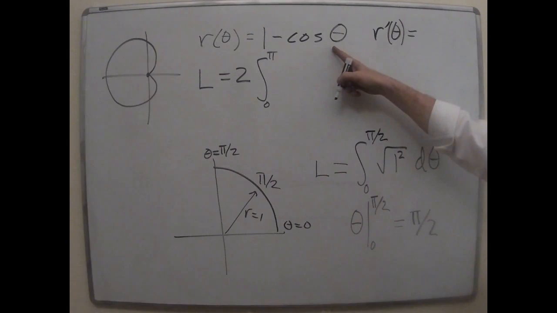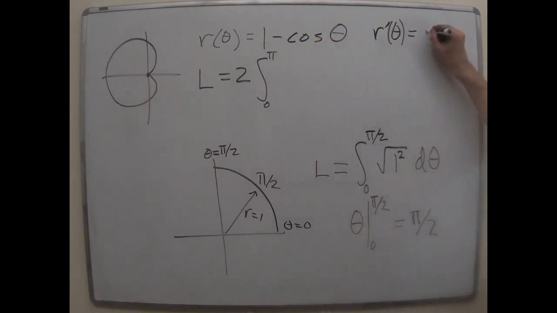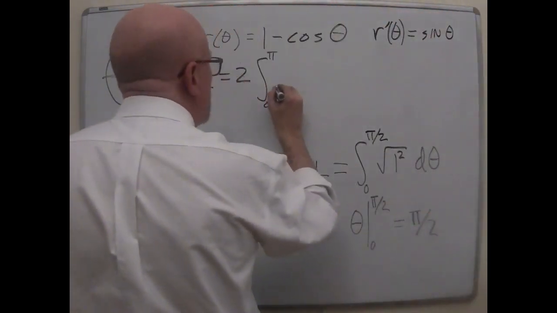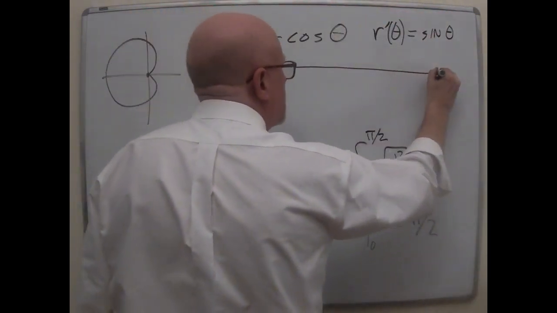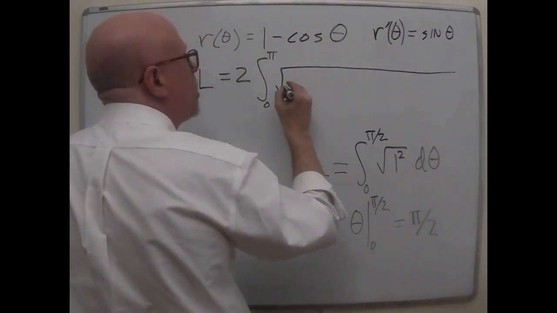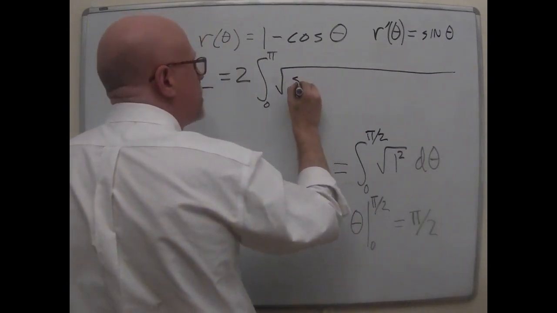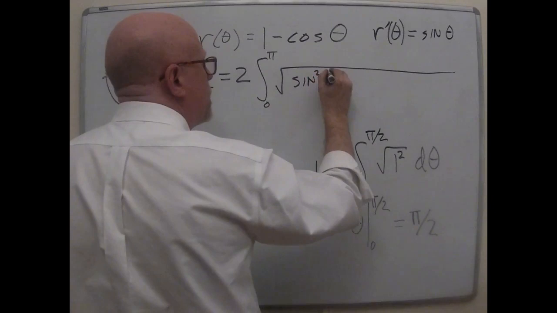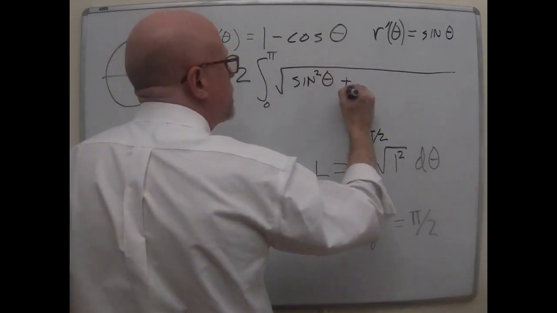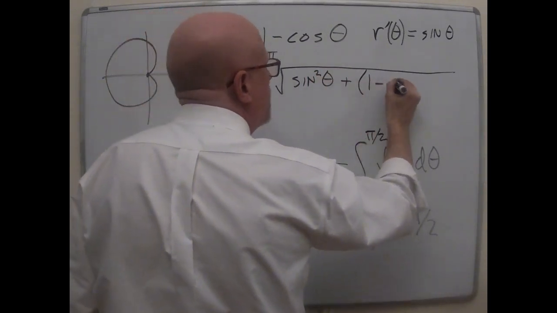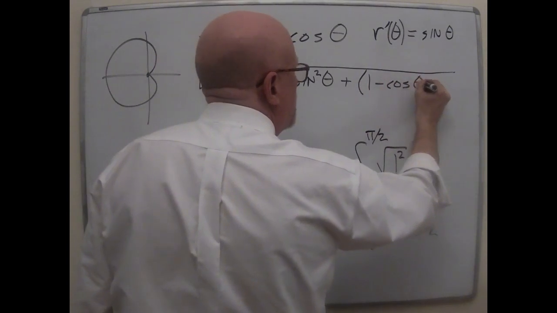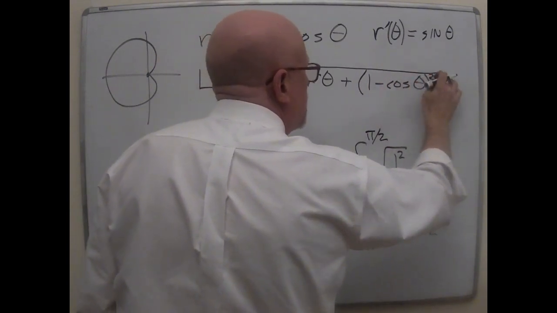Cosine's derivative is minus sine, so it's plus sine theta. So it's sine theta. Great. So we need the square root of r prime squared, sine squared theta, plus 1 minus cos theta squared d theta.